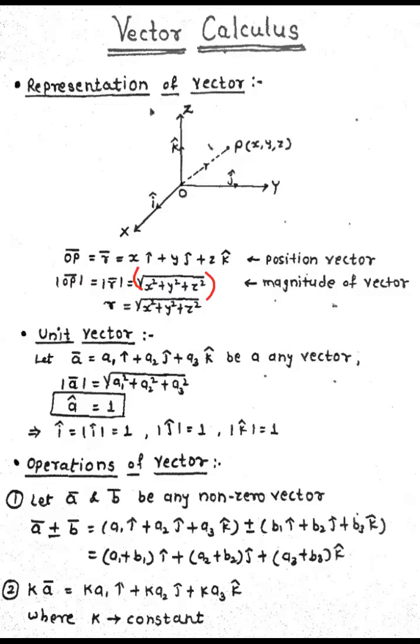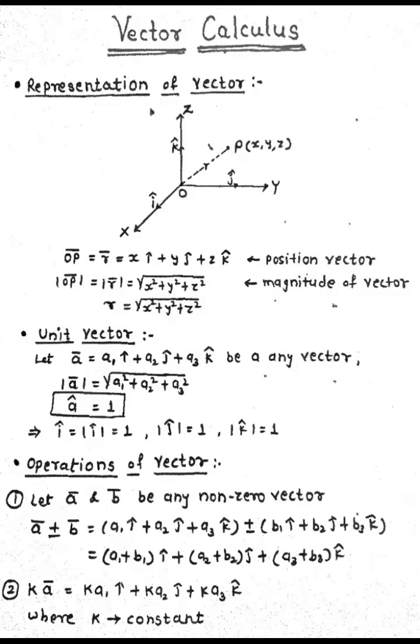Here x is the x coordinate, y is the y coordinate, and z is the z coordinate of this point P. And this magnitude is also denoted simply by R, and the value is the same, square root of x square plus y square plus z square. This is a scalar quantity.